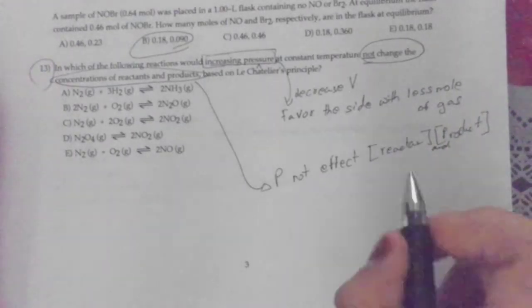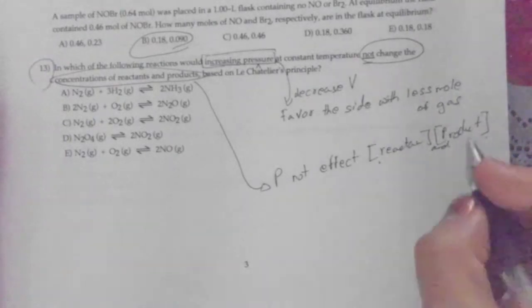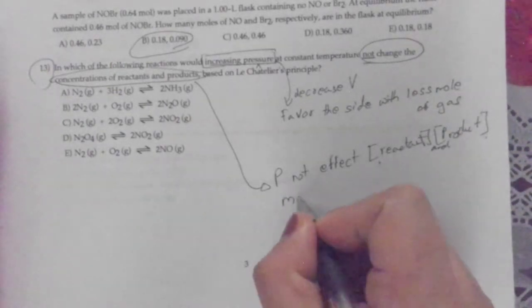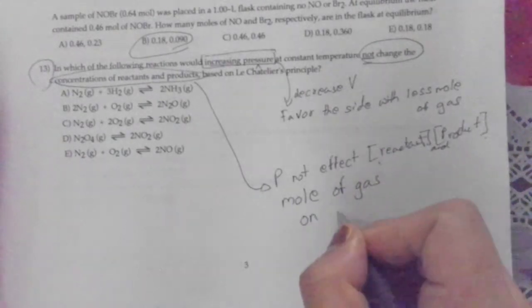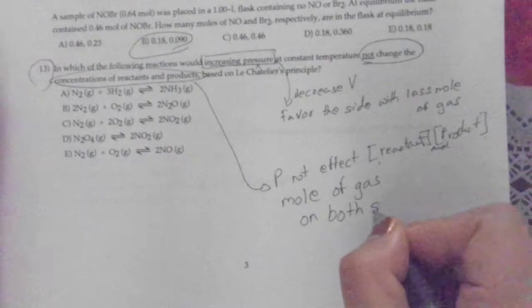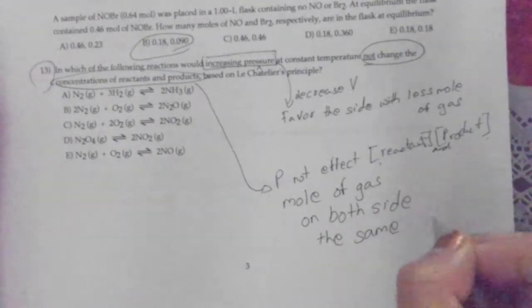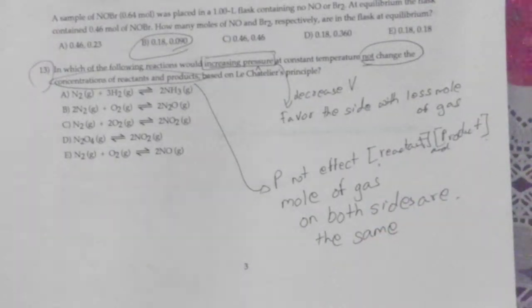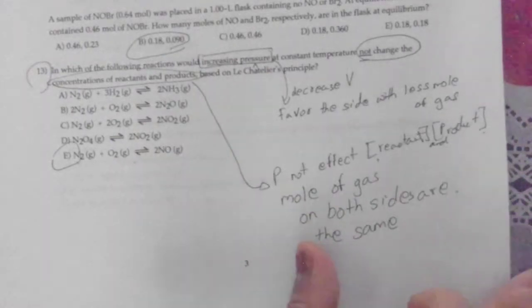It does not affect these two, product and reactant, if you have the same moles of gas on both sides. So for 13, we're looking for E. 2 moles gas, 2 moles gas.